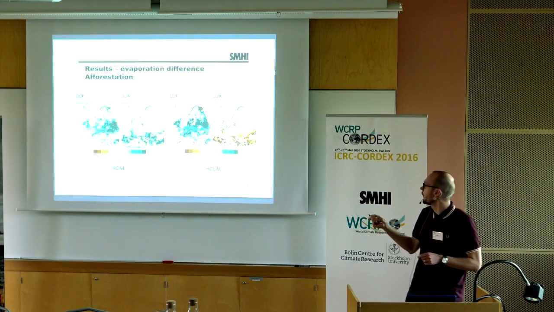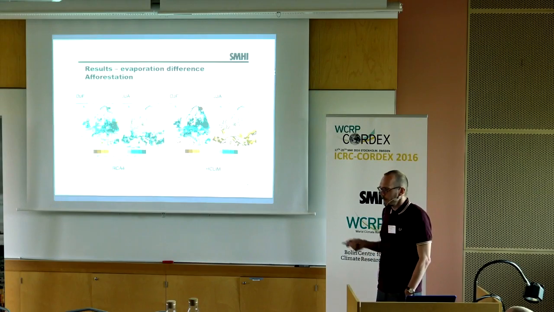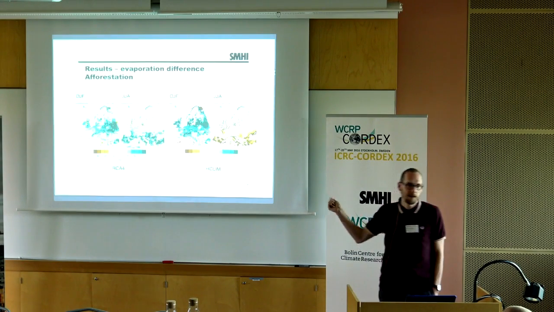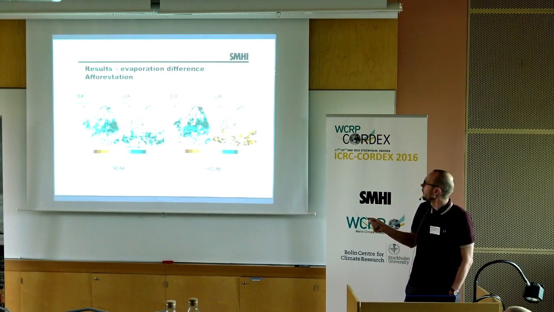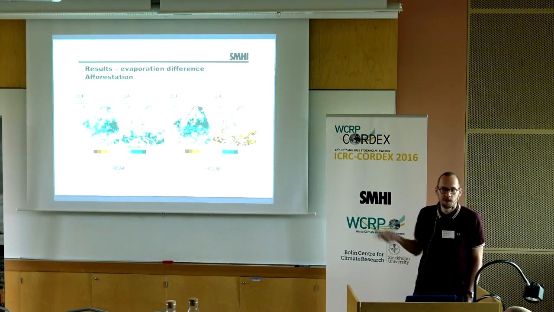So that can be one explanation for this. And of course, if you look into this, you can also see how the evaporation is in the control simulation. You can see that actually in the southern parts of Europe, evaporation is much higher in HCLIM than in RCA.